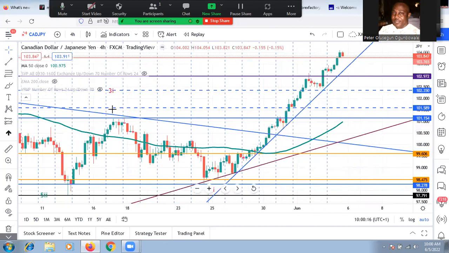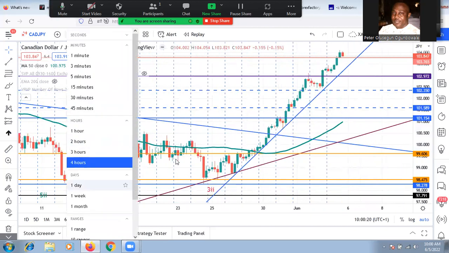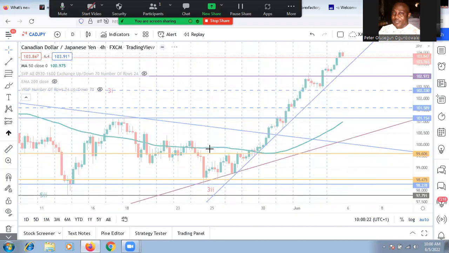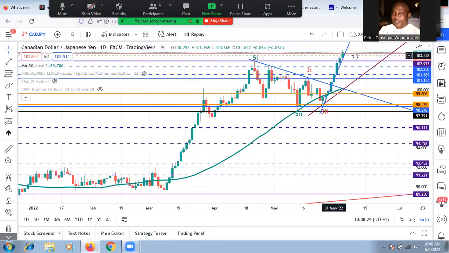We'll see how we follow it down. So for now, I just don't want us to do anything on UMP here because that's broken the structure above here. So this one still looks like it has more upside to do.